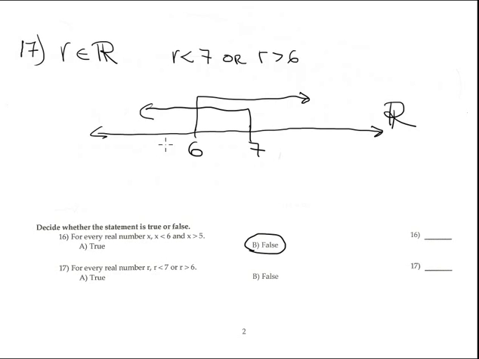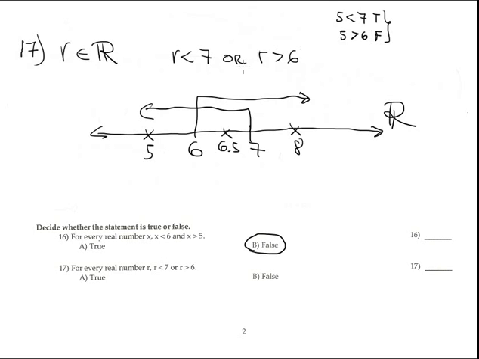Okay, let's pick again the testing points. For example, maybe 5, maybe 6.5, and 8. 5 is less than 7, which is true, and 5 is greater than 6 is false.